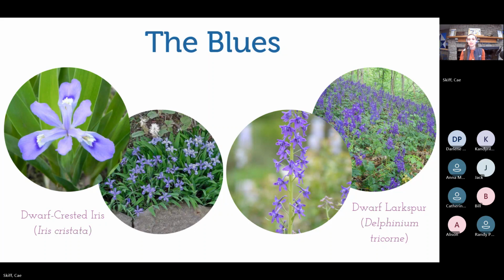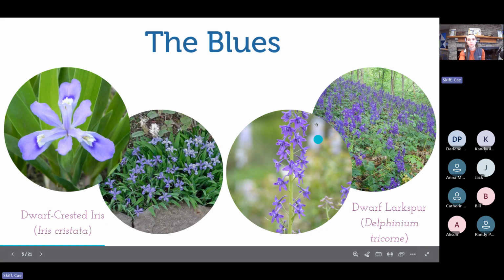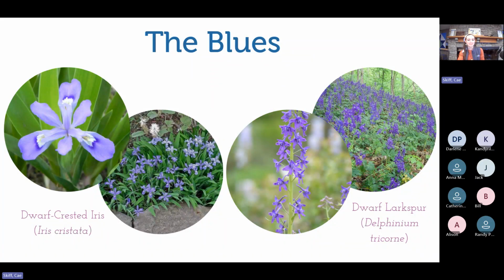Then we have dwarf larkspur, which forms these really cool stalks with all these flowers on them. These guys you'll see early April through late May. They like really rich, leaf-littery parts of the forest. They like to have a lot of decomposition happening around them.